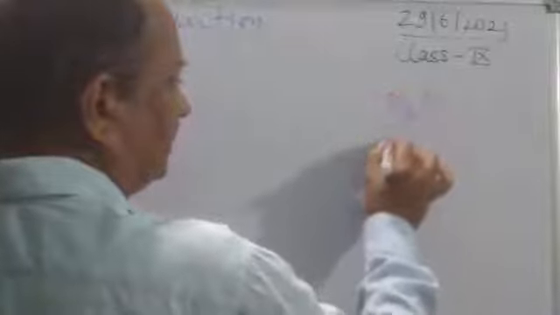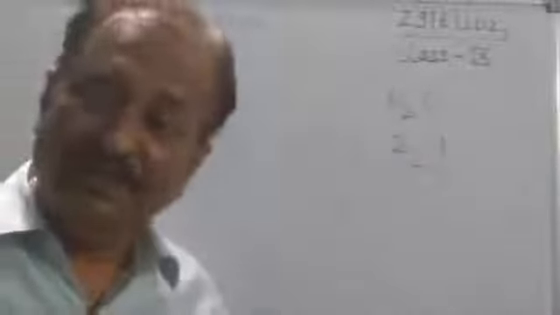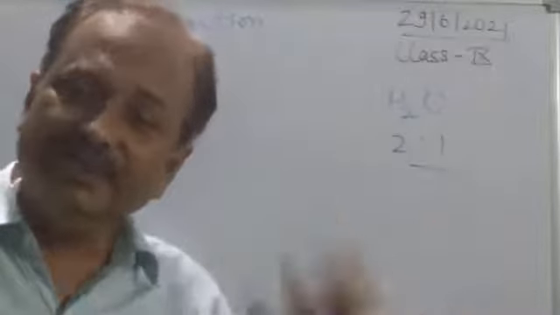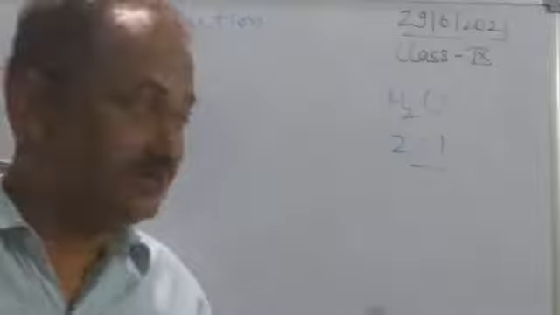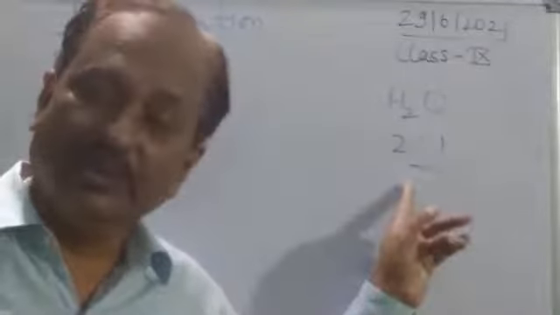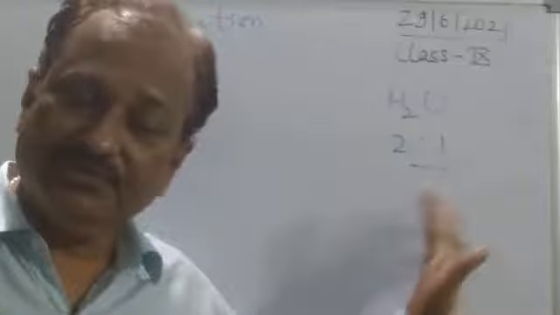So take a compound like water: in water there are two parts of hydrogen and one part of oxygen. That's why water is a compound. Even if you go to any place, the ratio of hydrogen to oxygen is always found to be 2 parts of hydrogen to 1 part of oxygen.